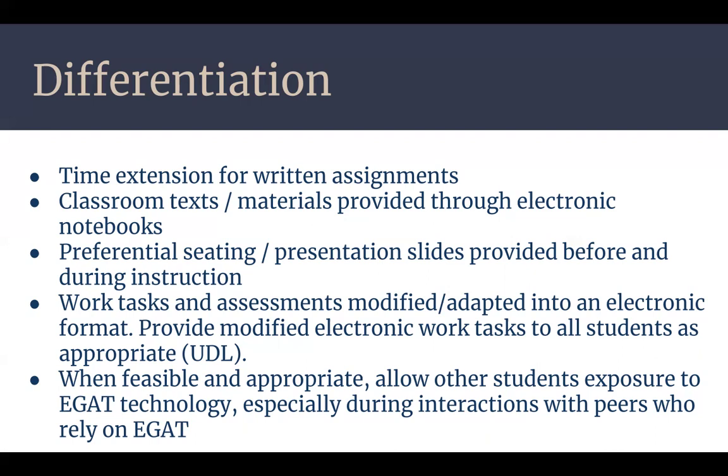Preferential seating can be given so that a student who might have limited mobility with their neck is kept towards the front of the class, since the eye gaze and what they can see is so important, at a spot where they can easily view both any slides or the instructor, and the instructor can see them as they're speaking.